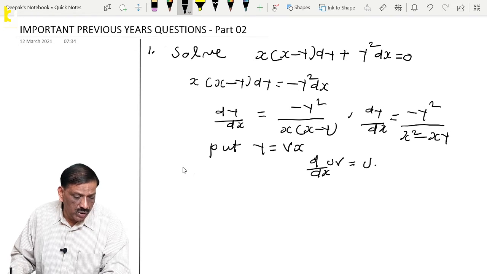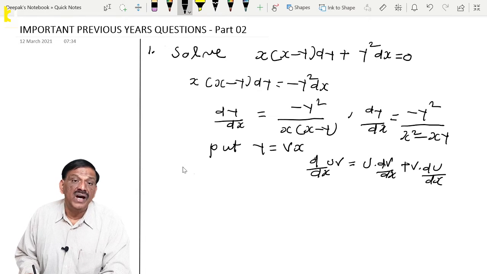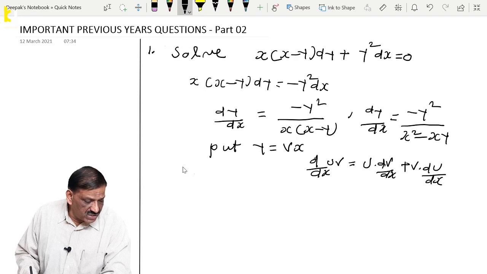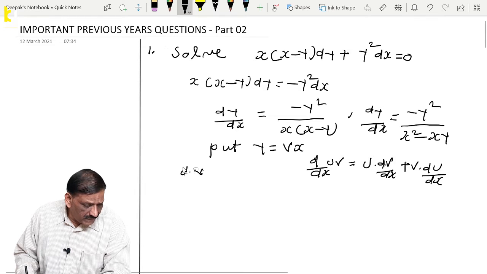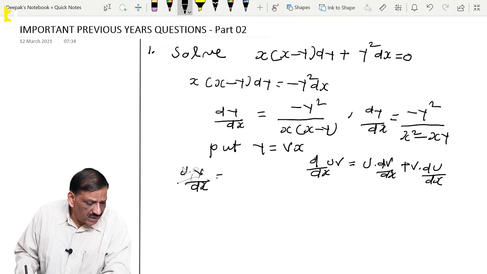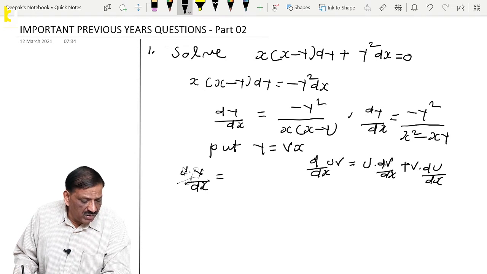That is equal to u into dv by dx plus v into du by dx, where u and v are functions of x. Here, dy by dx equal to v into d by dx of x, and d by dx of x is 1.